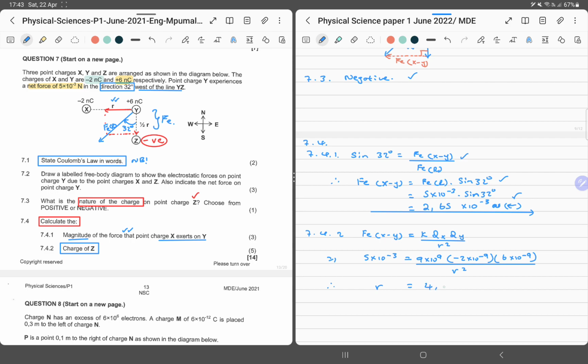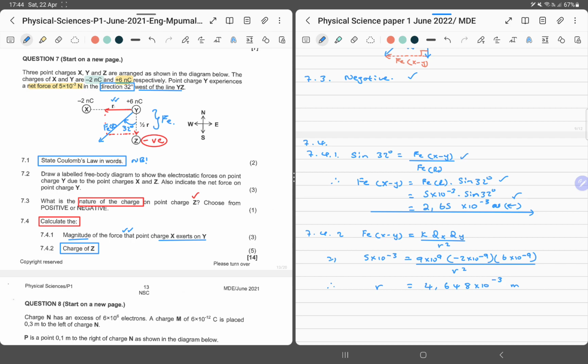So this is 4.6. Now we're going to make it to 3 decimal places: 648 times 10 to the minus 3 meters. Okay, that's the distance. That's the first thing that we want.